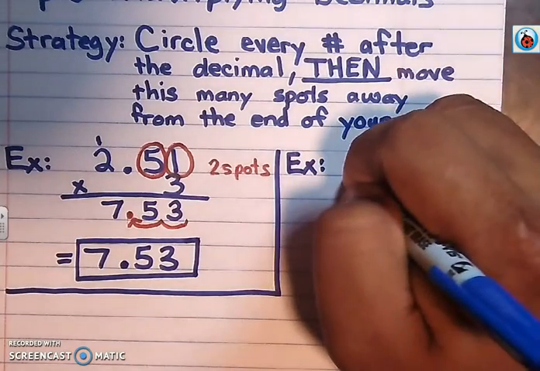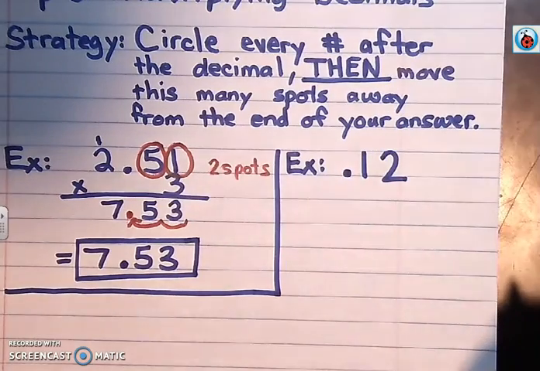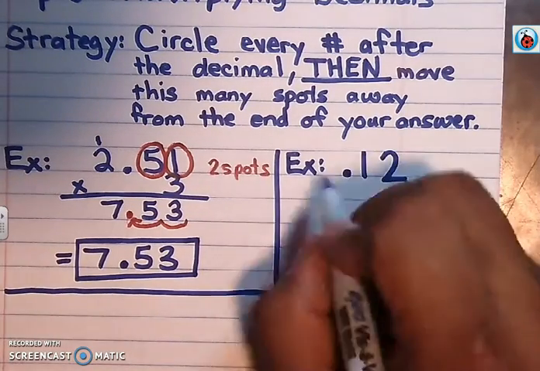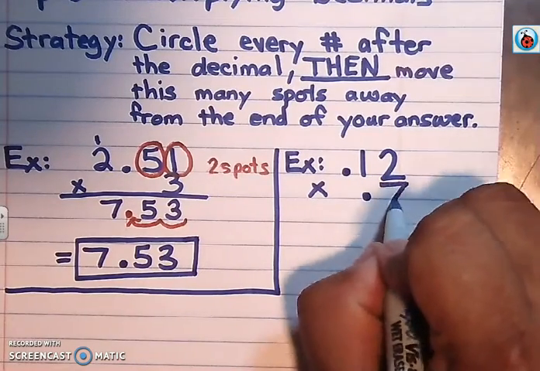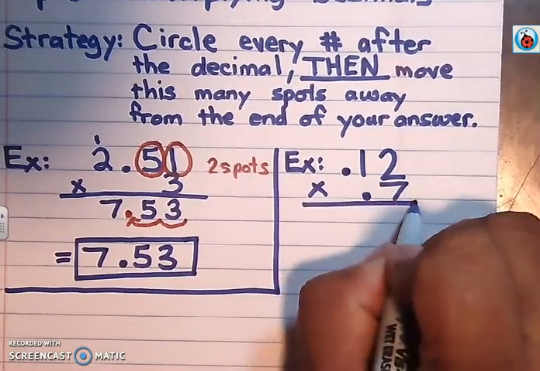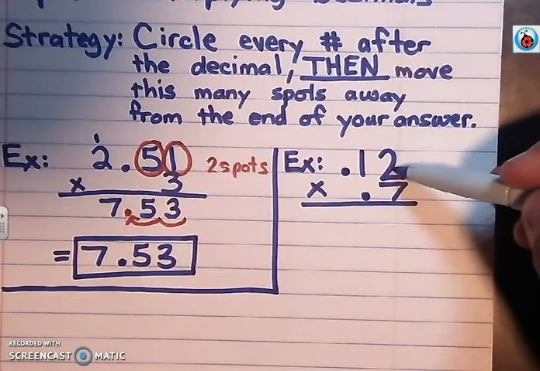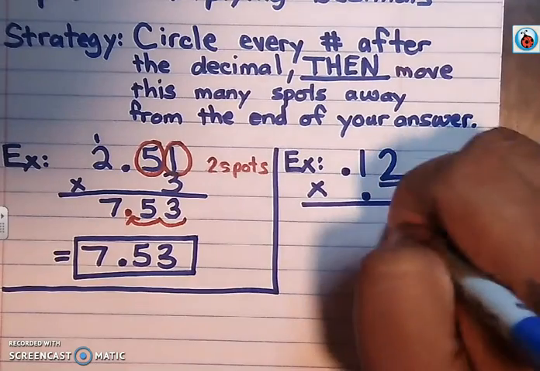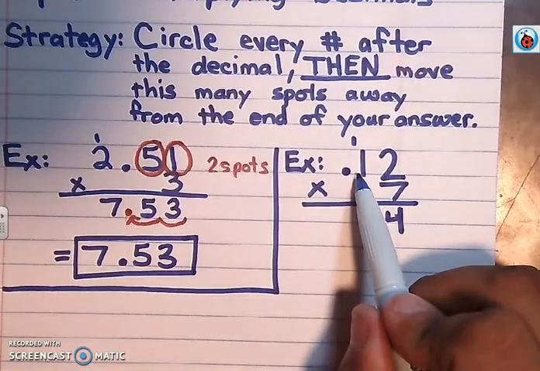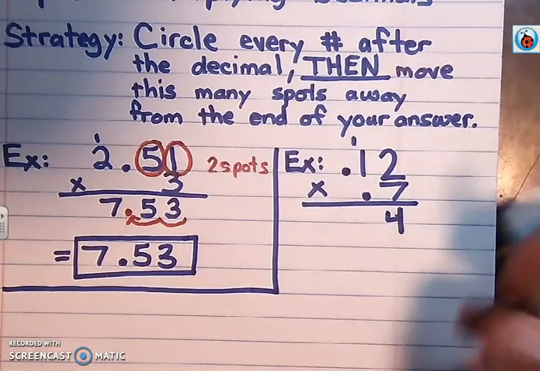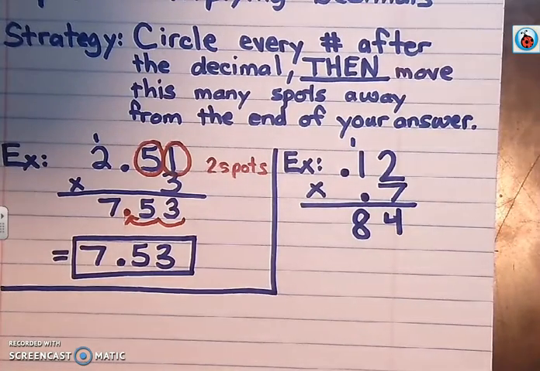We're going to have decimal 12 times decimal 7. And you can help me with this part. 7 times 2. 14. So we're going to carry the little 1 up there. 7 times 1 plus the 1, 8. Perfect. So our answer is 8, 4.